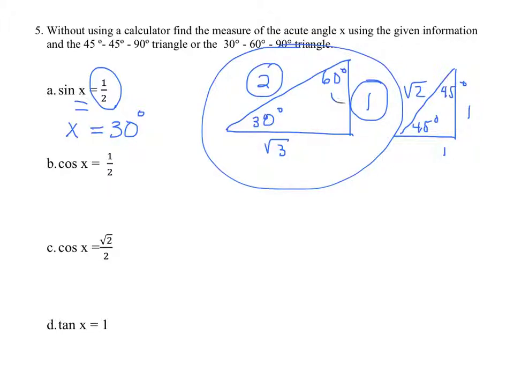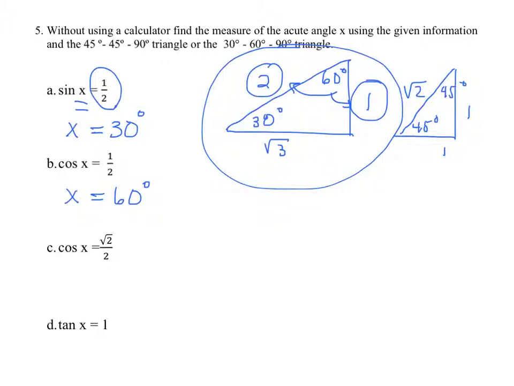Cosine is adjacent over hypotenuse, so that would be 60 degrees. So the angle whose cosine is 1/2 is 60. And we're not shocked at this because 30 and 60 are complementary angles. So the sine of 30 will be equal to the cosine of 60.